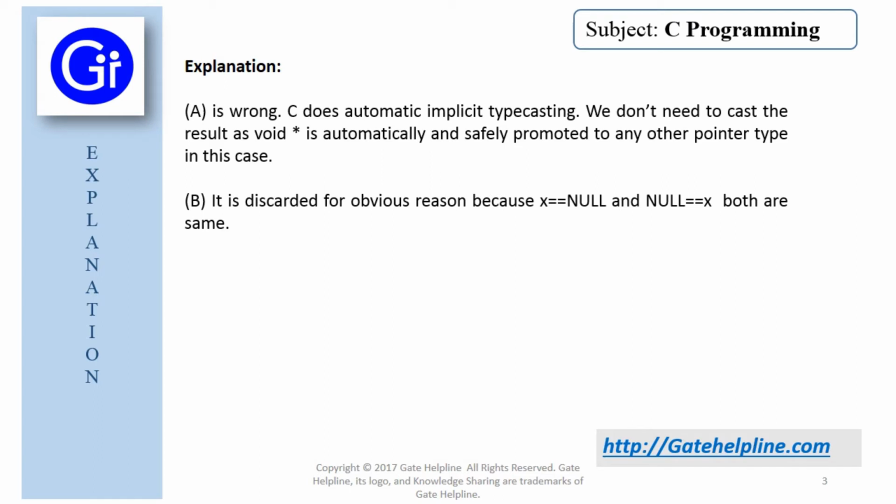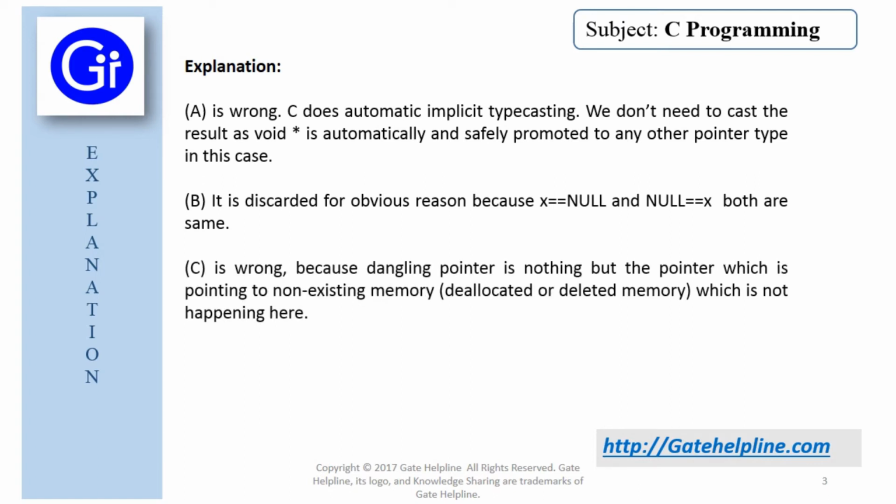Option B is discarded for obvious reasons, because x double equals null and null double equals x are both the same, as here we are only performing a comparison. Option C is wrong, because a dangling pointer is nothing but a pointer which is pointing to non-existing memory, deallocated or deleted memory, which is not happening here.